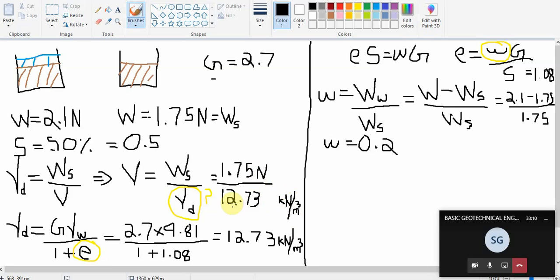So what is the volume? 0.1374. Okay, 0.137. What is the unit of volume?